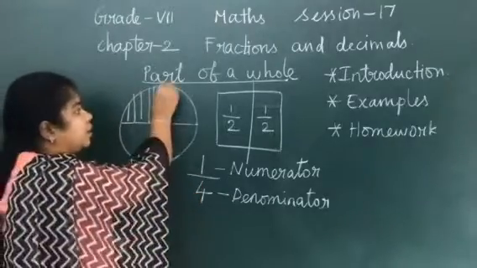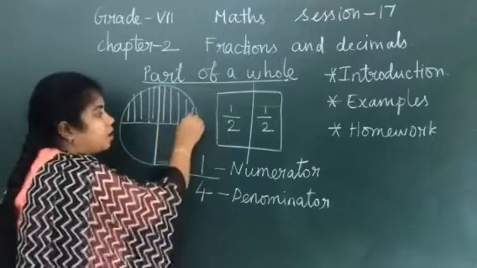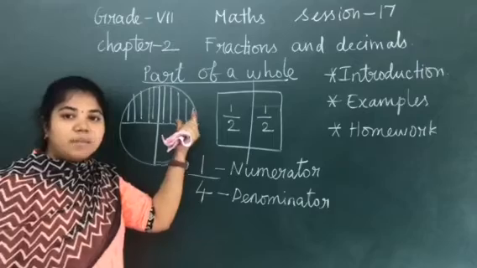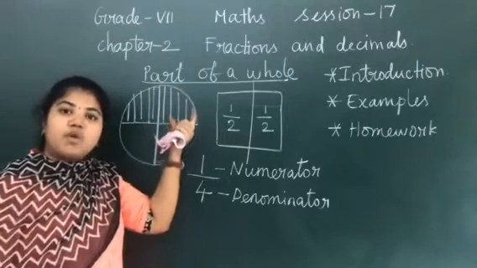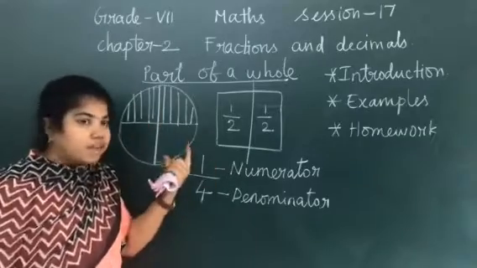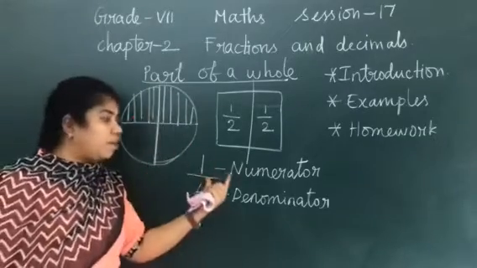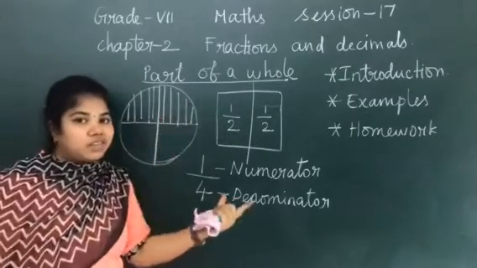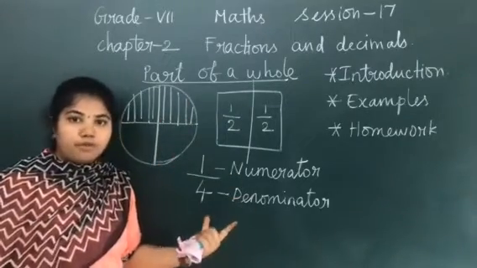Now another part of the pizza is taken by your sister or brother. What is the part of the pizza taken by your sister or brother? It is 1 by 4 again. Can you understand? So there are 4 equal parts. One part is taken by you, that is 1 by 4, and the other part is taken by your sister or brother, which is also 1 by 4.